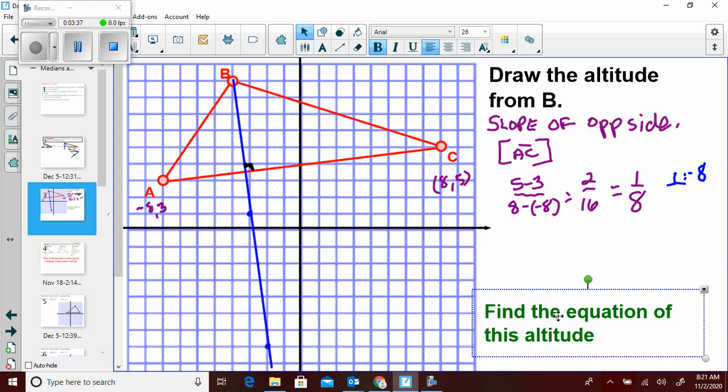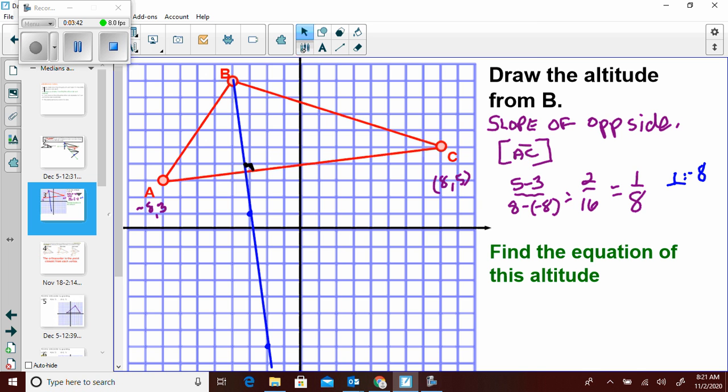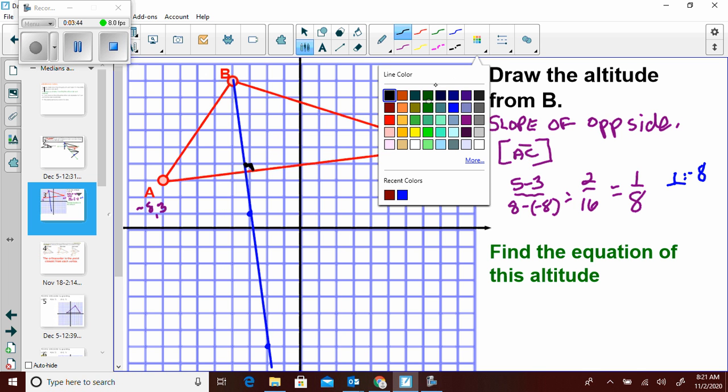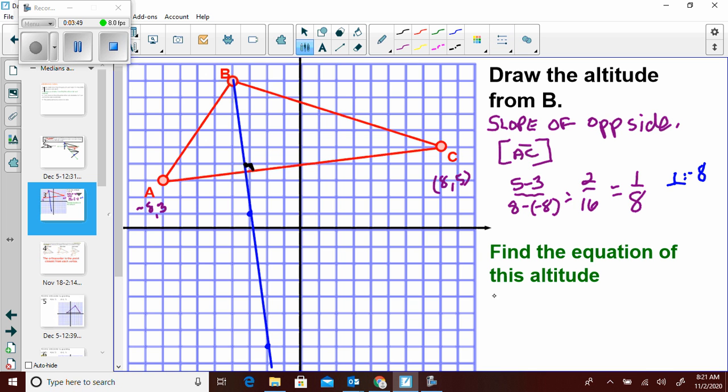Now, it asks us to find the equation of the altitude. Well, how do we find equations? Yes, you need a slope. Well, the slope is -8, and we need a point. Well, the altitude comes from which point? B. So B is (-4, 9). So I'm going to use point B and that slope.